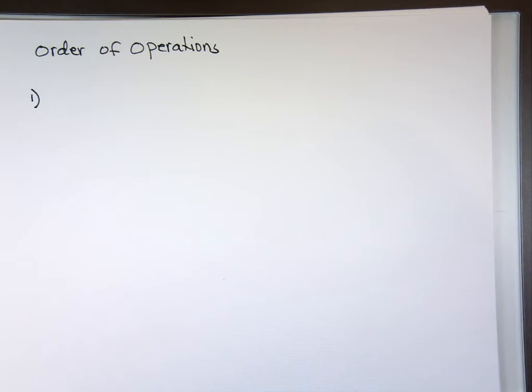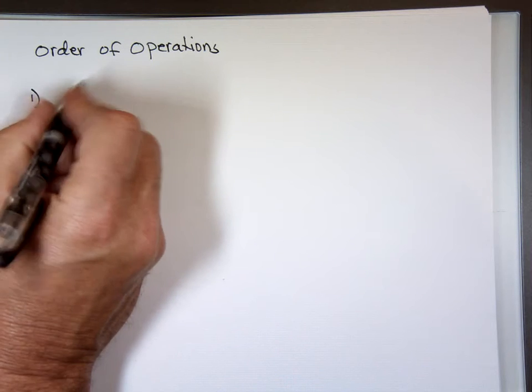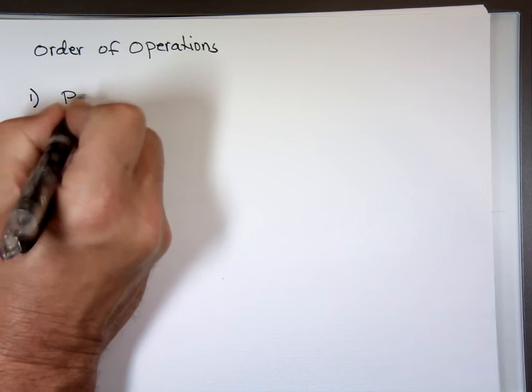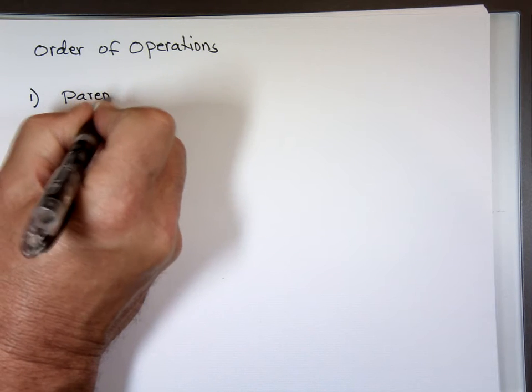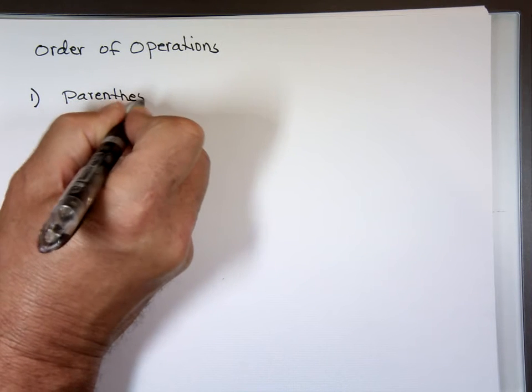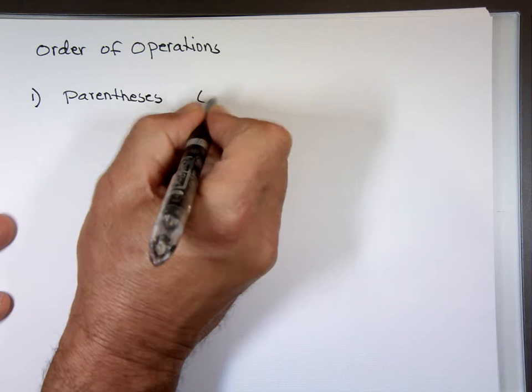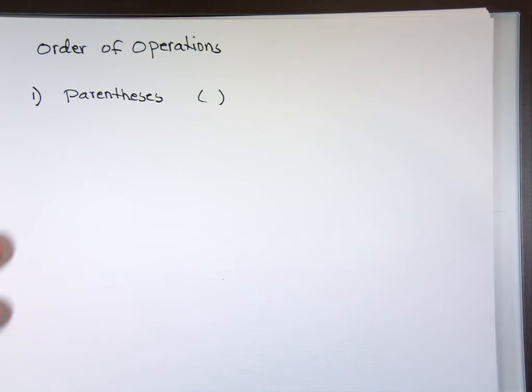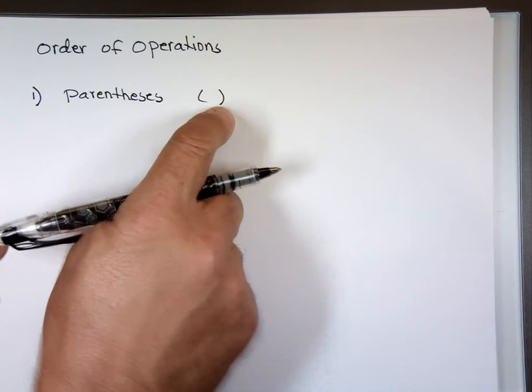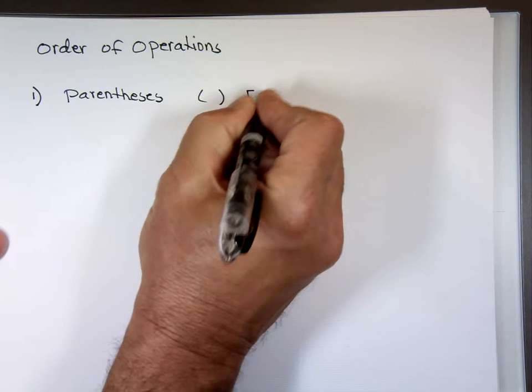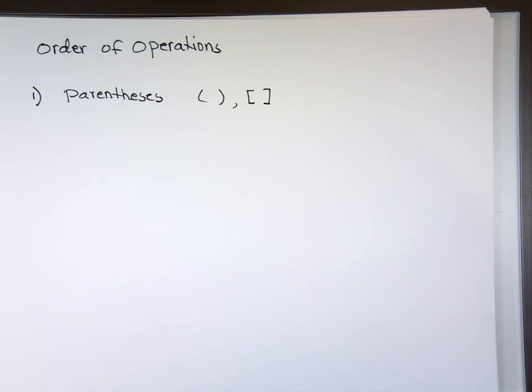The first thing you have to do, you do the parentheses first. So you do what's inside the parentheses first. Now parentheses could be parentheses like this, or it could be brackets. If you have two sets of them, you work from the inside out. You'll see some examples today.